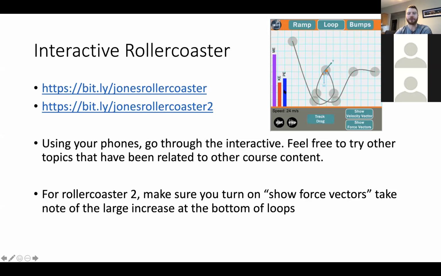And roller coaster 2, that is the interactive that you see on the slide right now to the right. You are able to kind of manipulate the loops and the bends of the roller coaster track. So that's pretty fun. Make sure you turn on the force vectors.